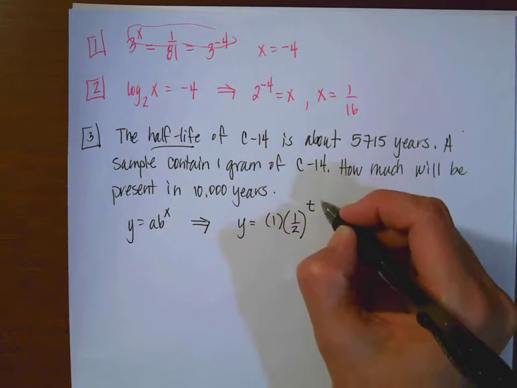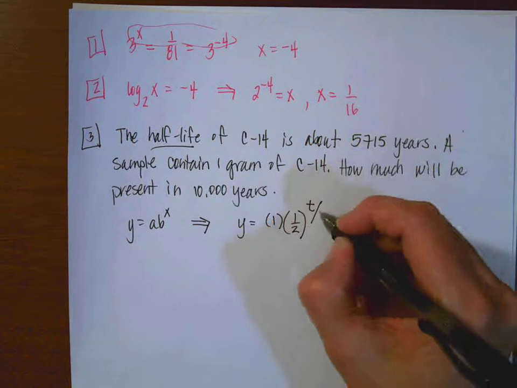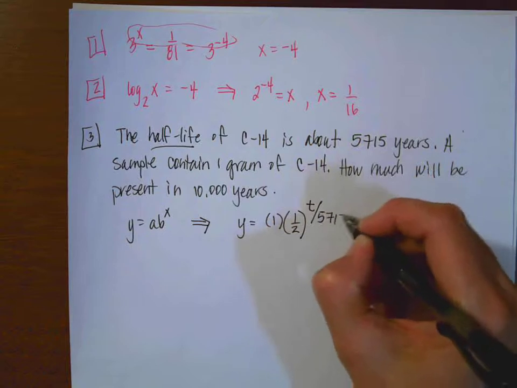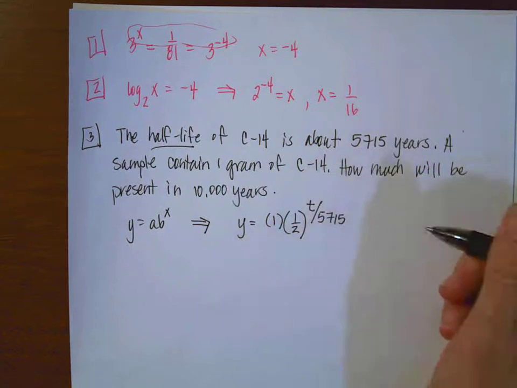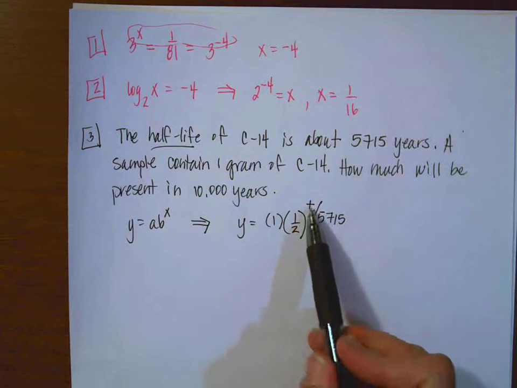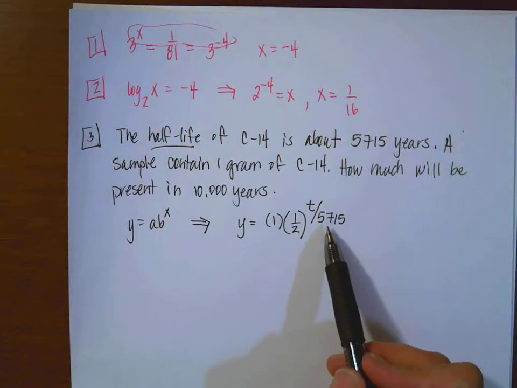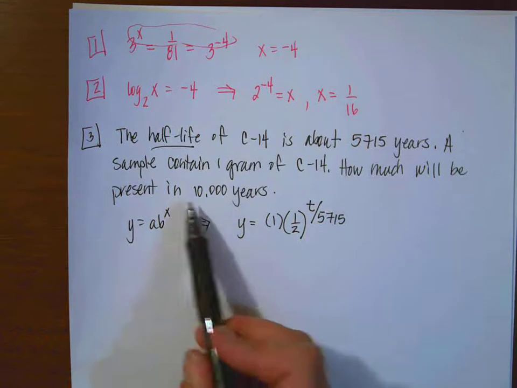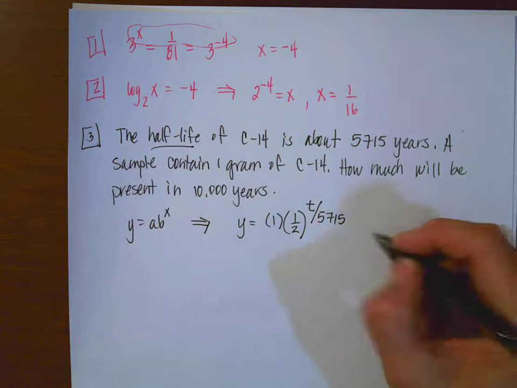But when I do half-life problems, I have to divide by how often it halves. So this would be the half-life, so take my time and I divide it by the half-life. So that's the only additional caveat that you have to remember for a half-life problem.